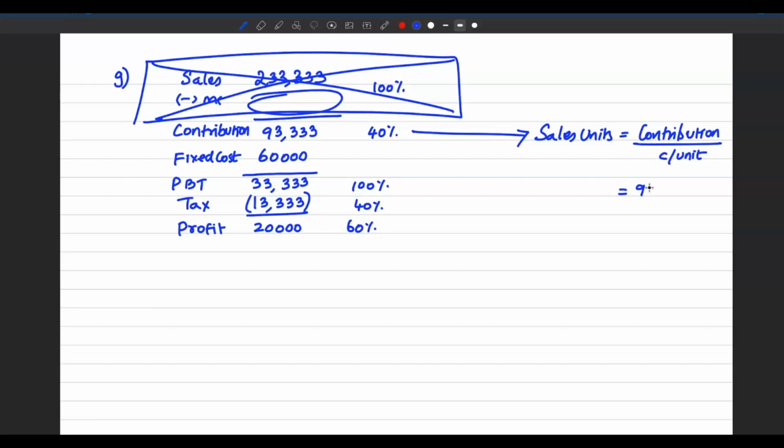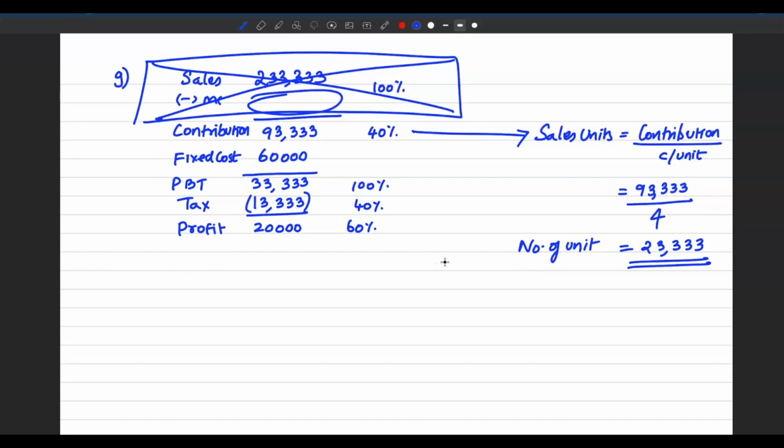We know contribution here is 93,333. Let's divide it by contribution per unit. And what is the contribution per unit? It is 4 rupees. Okay, so 93,333 divided by 4 will give you 23,333.